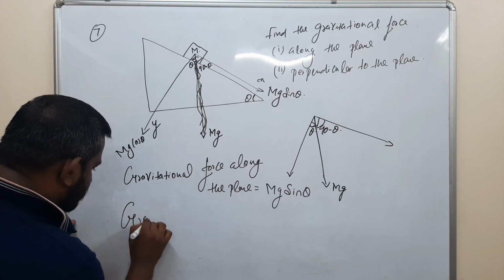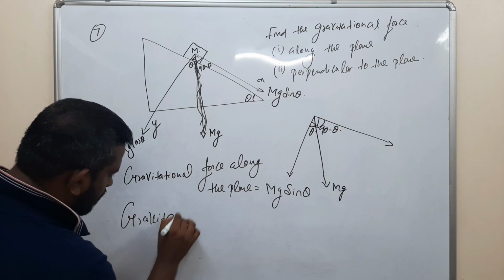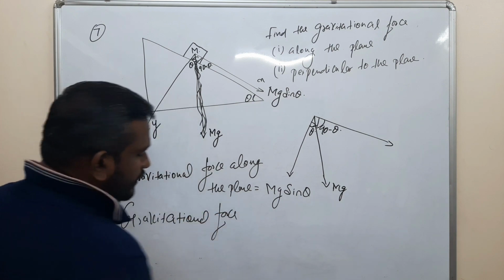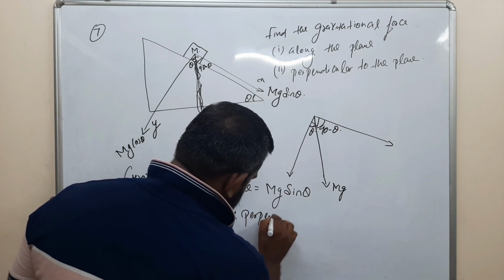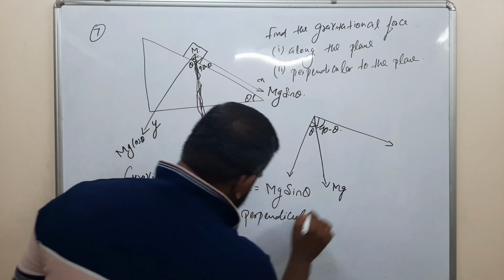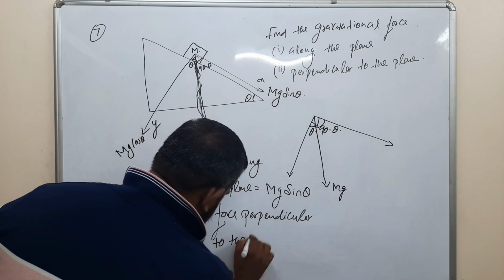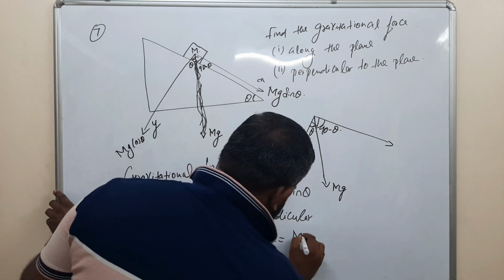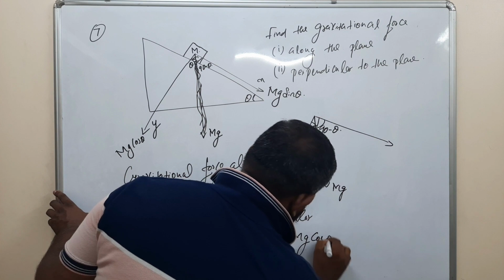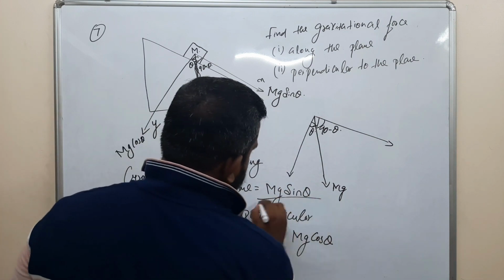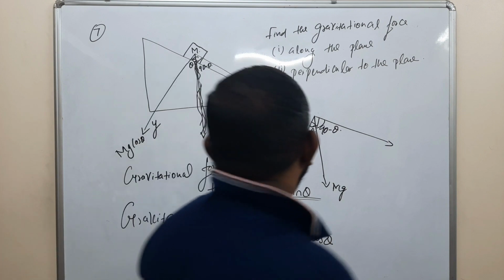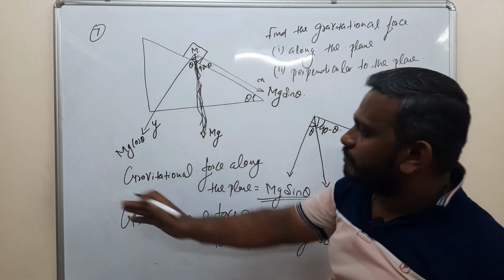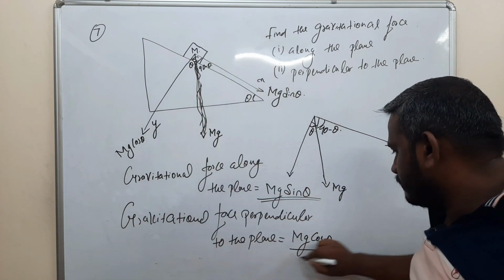The gravitational force perpendicular to the plane is equal to mg cos theta. So the force acting parallel to the plane is mg sin theta, and perpendicular to the plane is mg cos theta.